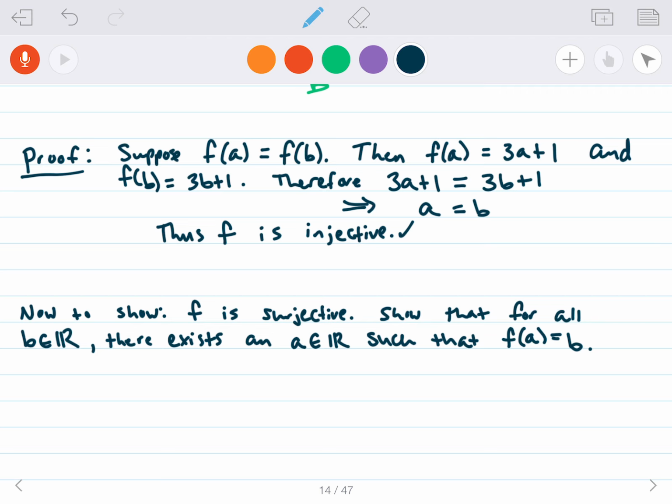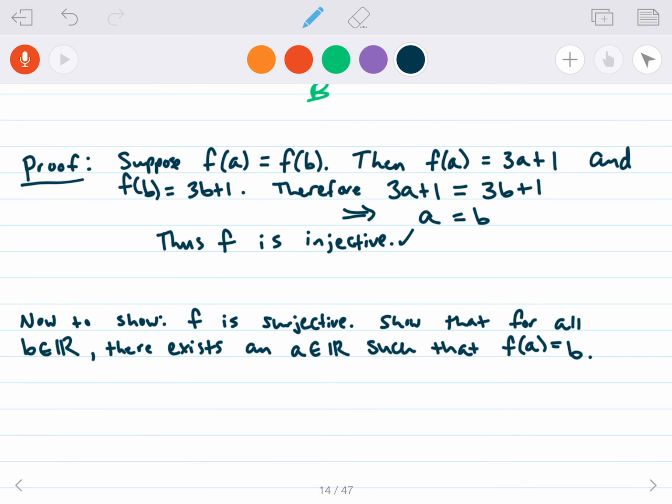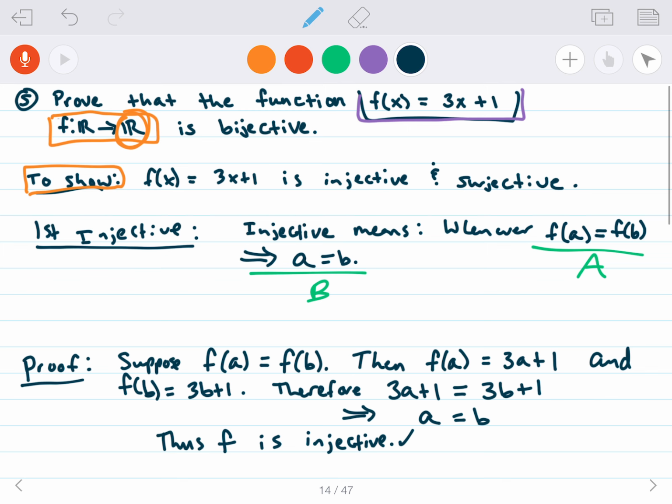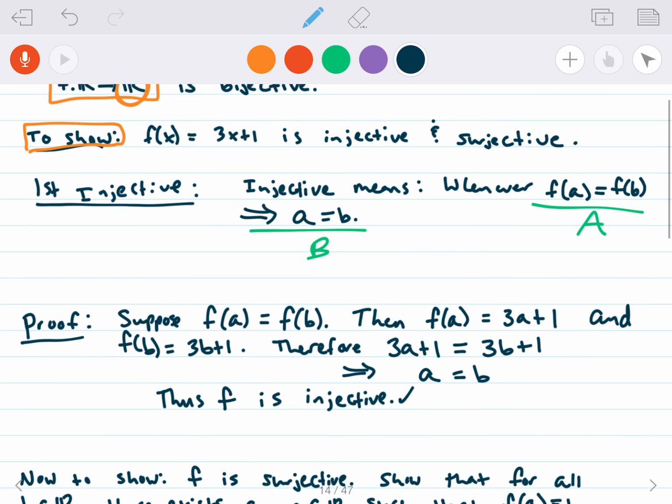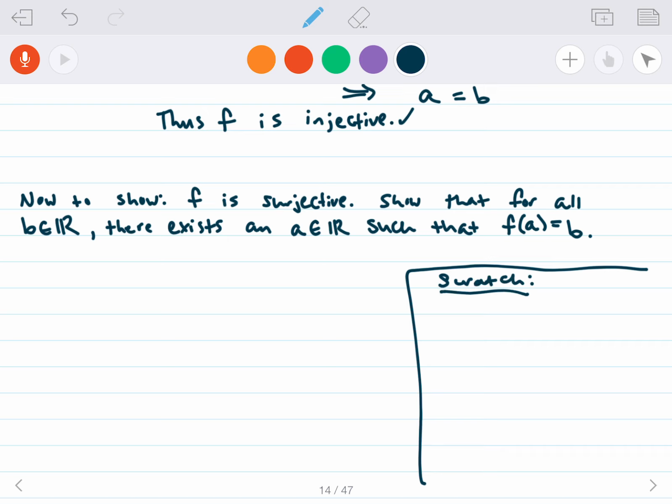Okay. So here's the scratch work. I'm going to do scratch work off to the side for this part, because we want to write everything neatly when we finish our proof. So f of a equals b.